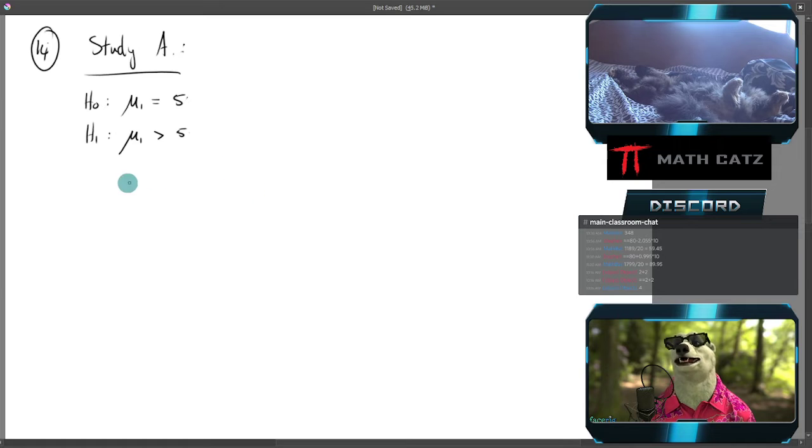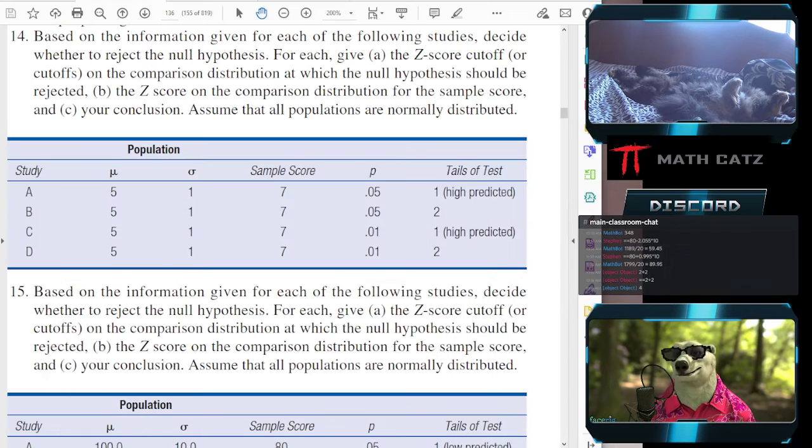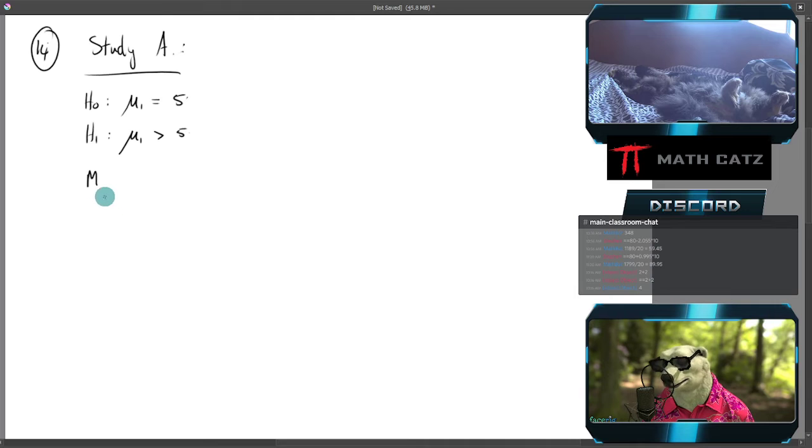And then we have our sample mean. I'll call it mean here, or just a raw score, I guess. Well, it's fine. It's the same thing. Sample score, just a single score of 7. Let's rephrase that to an X, not get ahead of myself, 7.